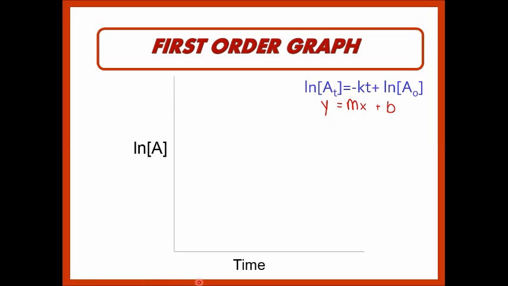So by graphing time versus the natural logarithm of the concentration of the reactant, we should again get a linear relationship. So we'll have a line that has a negative slope, and this slope is going to be equal to the negative rate constant. And in this case, our y-intercept is going to be equal to the natural logarithm of the initial concentration of the reactant.